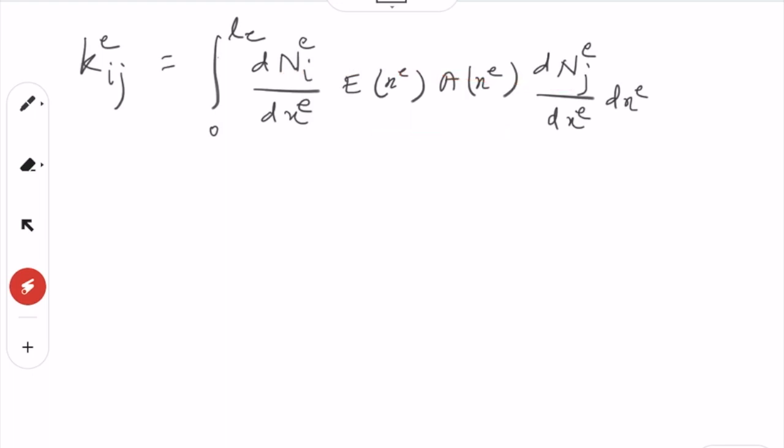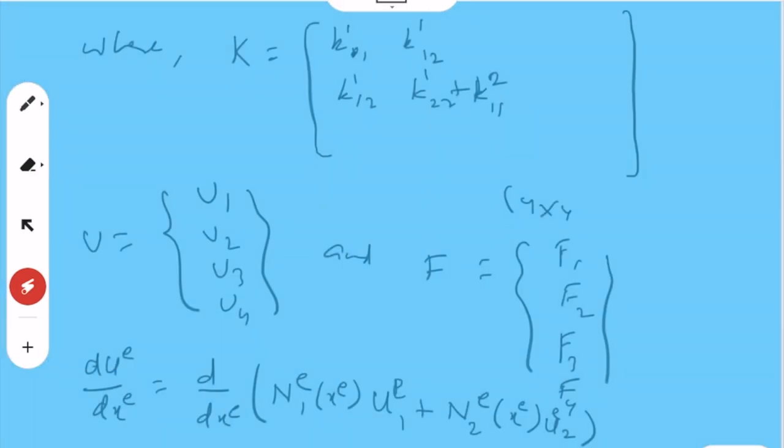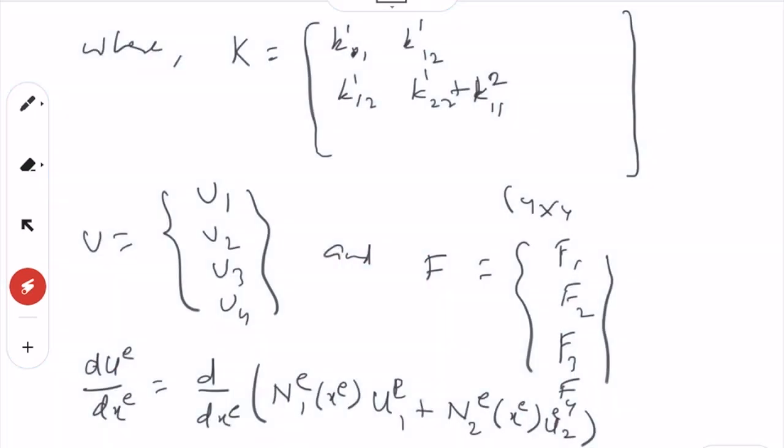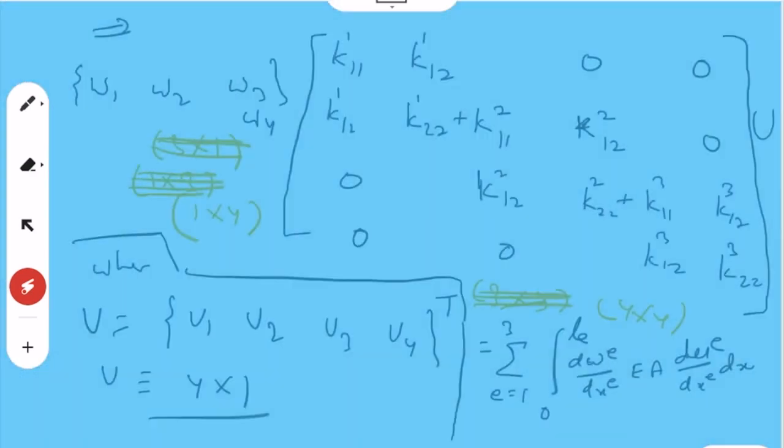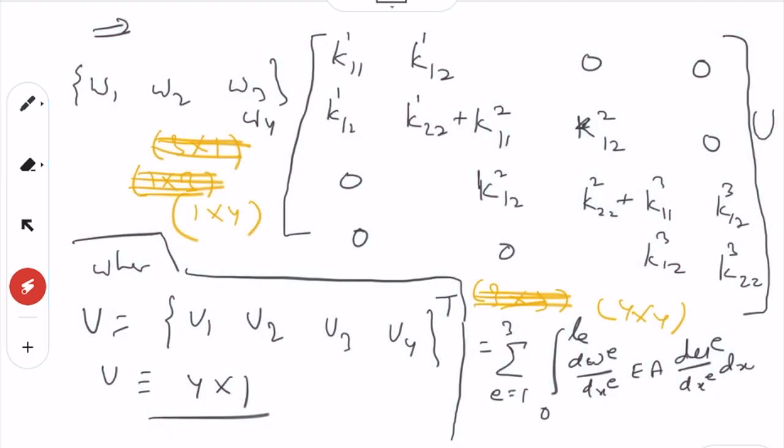Now, how to find out f? You can find it from this equation. Here, what do you have? You have the W e term and B. W e itself, you know, will have N terms.